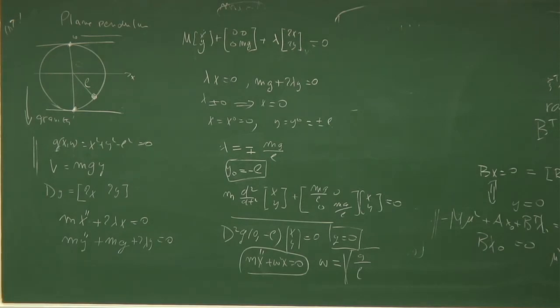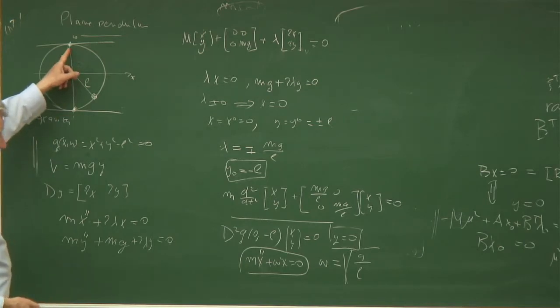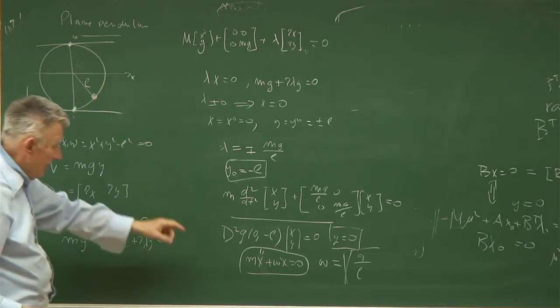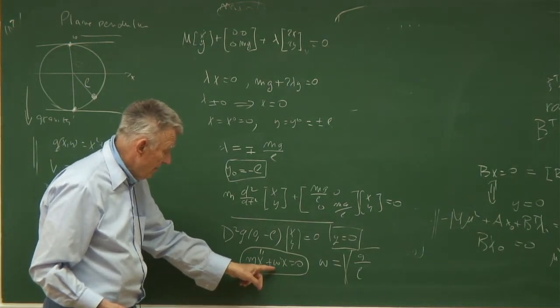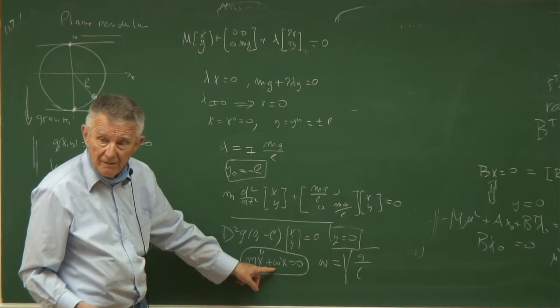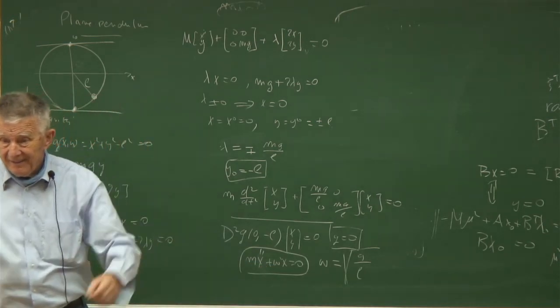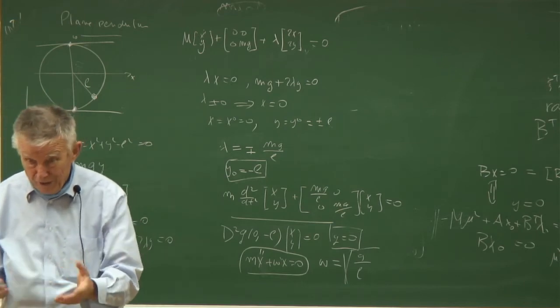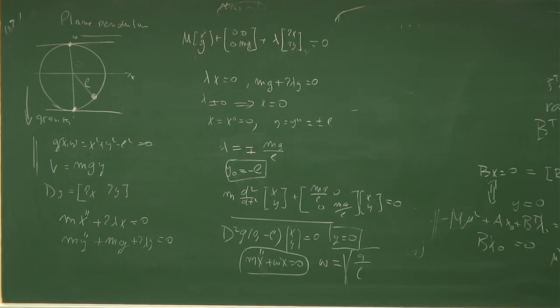Now, here you can also linearize, but you will then have equation x double dot minus omega squared x equals 0. And that is an exponential blow up. The solution is the exponential function, which means no stability.